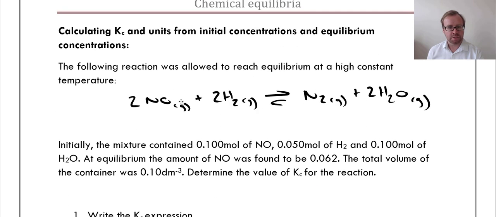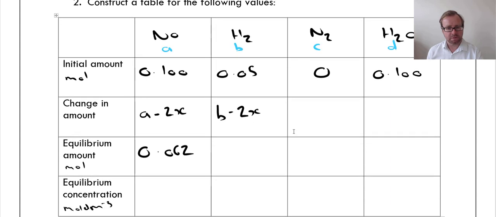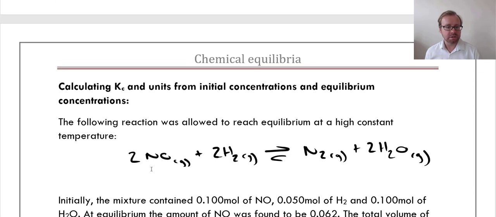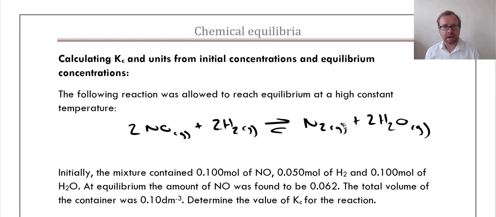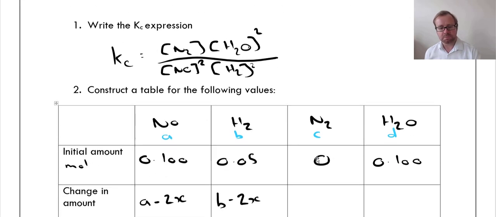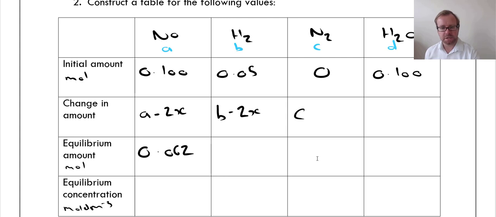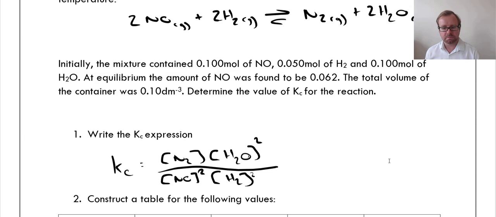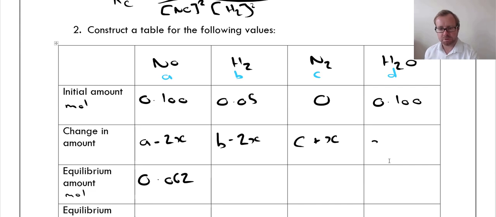Here, my molar ratio is 2 to 1. Therefore, remember I am making a certain amount now. If I go back up here, 0.038 has reacted, so I'm going to have 0.038 divided by 2 produced. So C plus x. And here there is a molar ratio of 2 to 2, so I must produce D plus 2x.